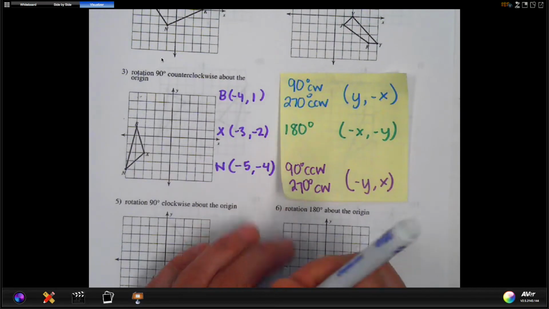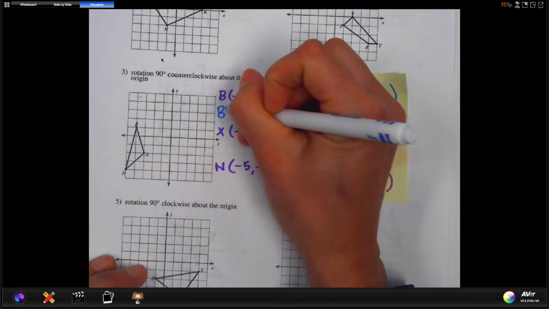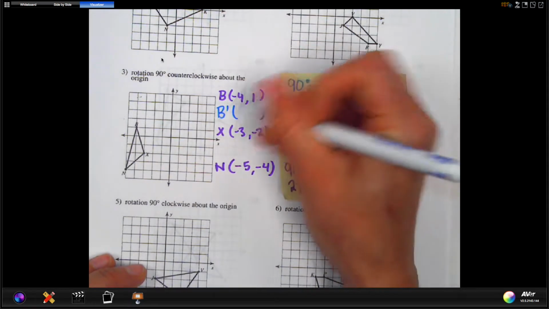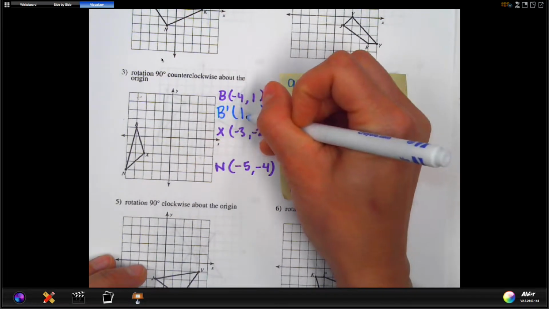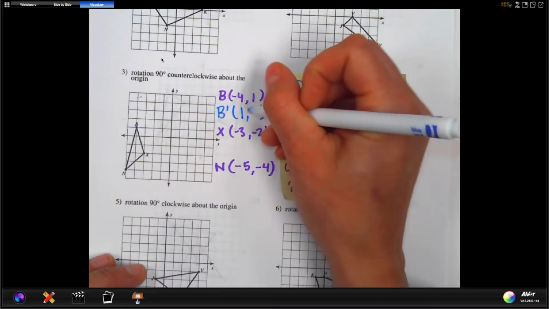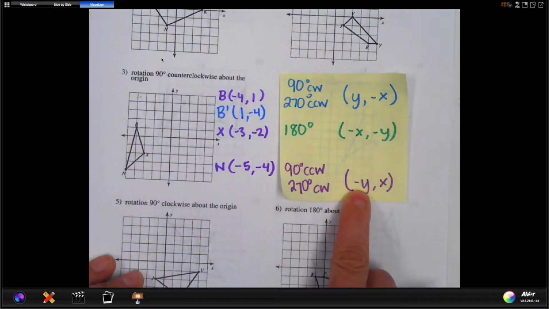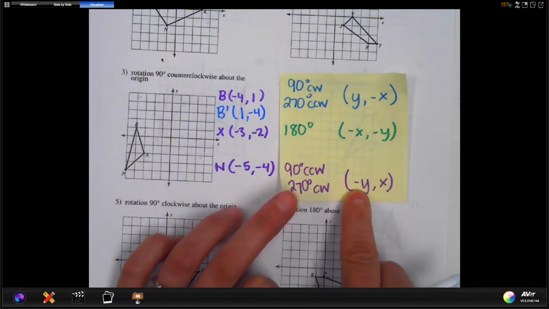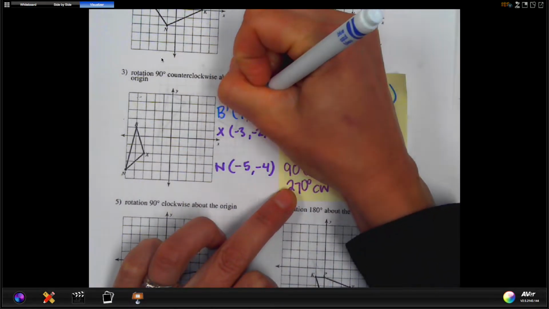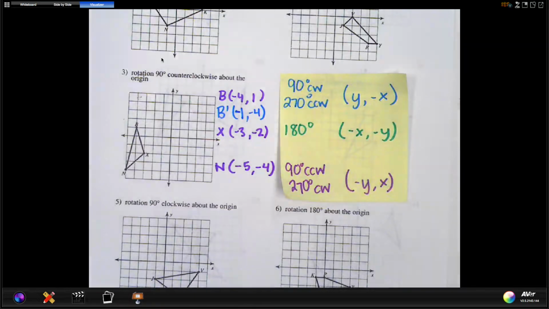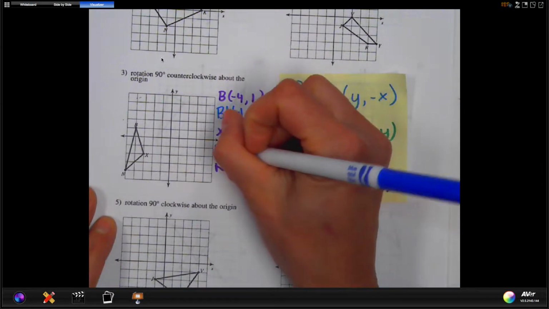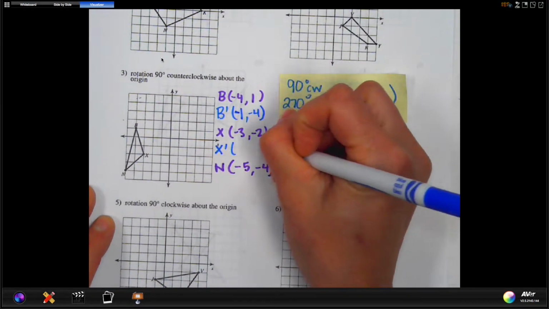So for B prime, I'm going to switch X and Y. So I'm going to put Y, the 1 first, and the -4 second. Then it says I also need to make that Y value opposite. So +1 now is going to become -1. So there's my B prime. Let's do the same for X prime now. So switch X and Y, that's what it says.